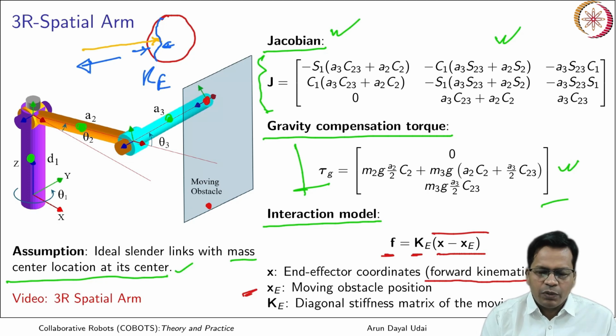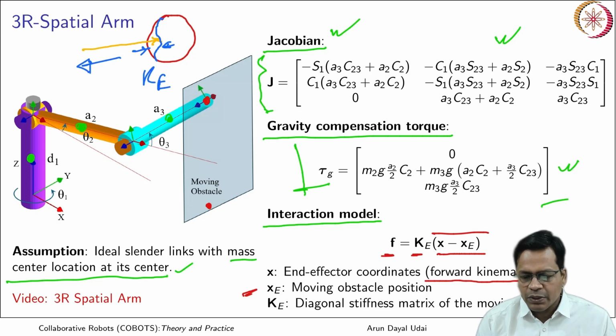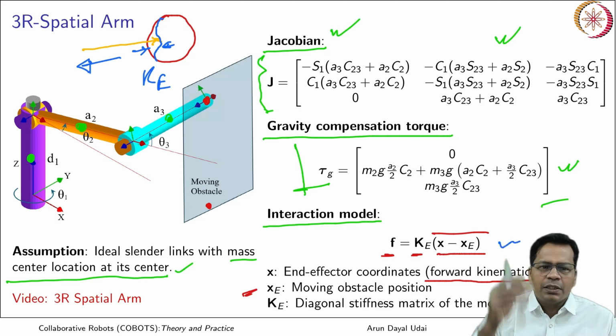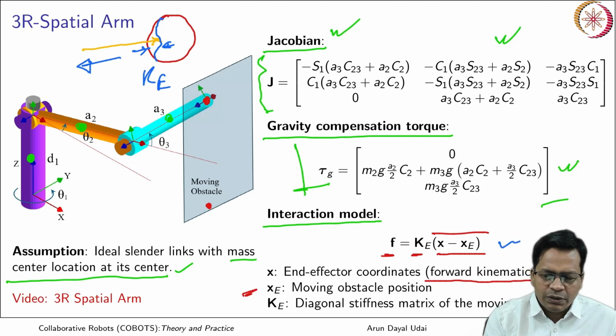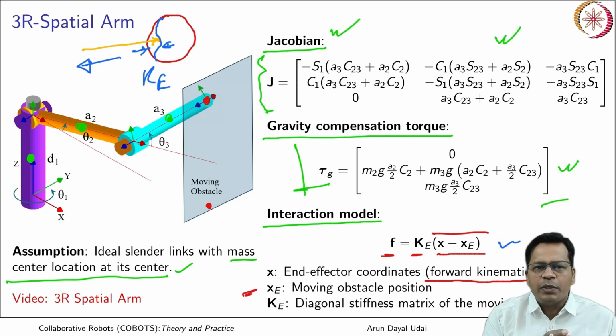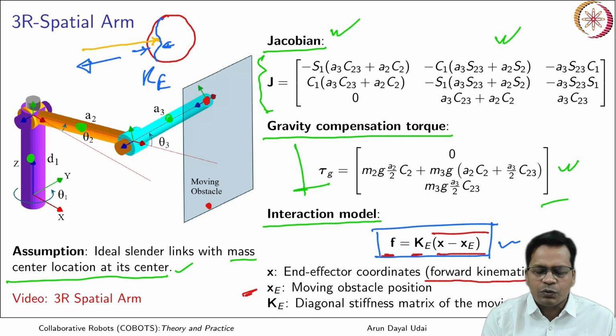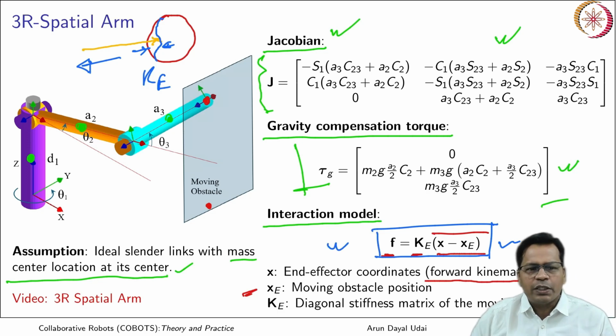So that is how it is assumed. I haven't assumed any frictional forces that may also be generated due to movement of the robot along the plane of this obstacle. That I have ignored, but yes, normal forces are generated due to the compression of the obstacle. So this is the interaction model. Hope you have understood it.